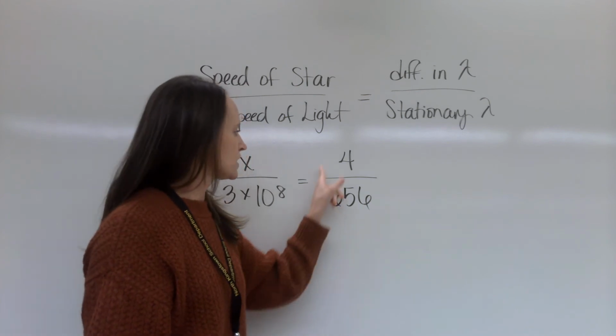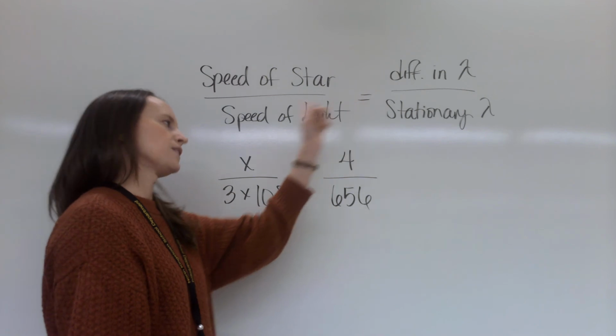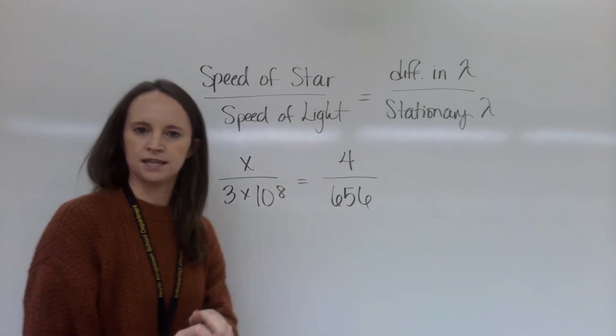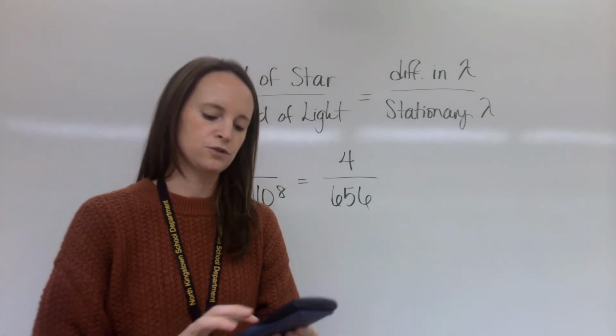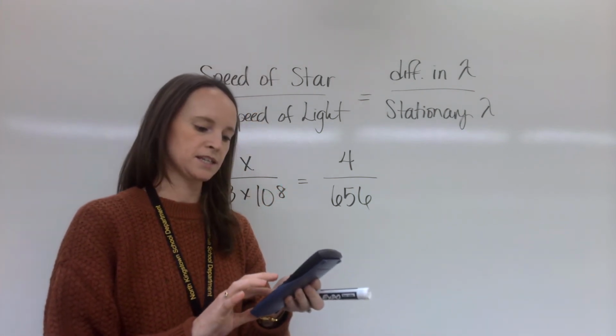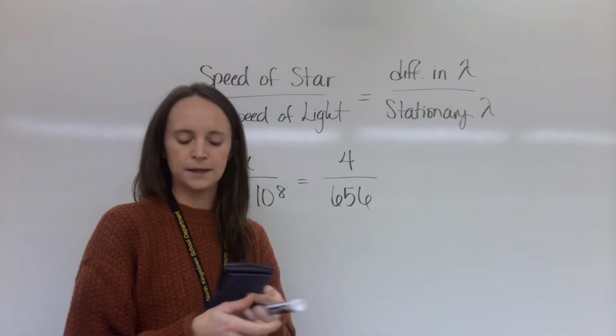So I would solve this part of the equation first, hit equals, and then multiply it by 3 times 10 to the 8th. Sometimes you gotta be smarter than the calculator, so do as much as you can first. So 4 divided by 656 gives you about 0.0061.